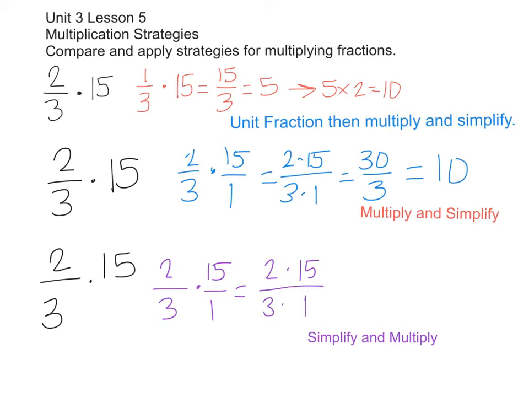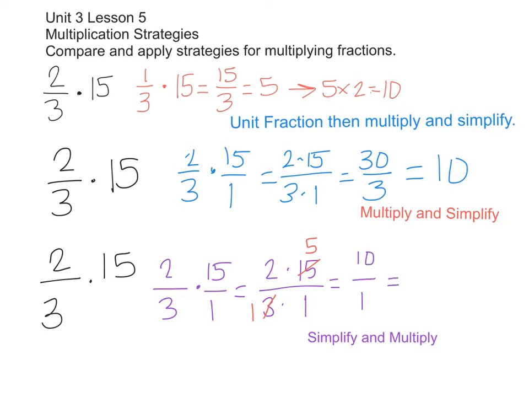Now I'm going to stop you. We can divide the numerator and denominator by 3 before we multiply, because I know that 3 right here goes into 15 5 times. 3 goes into itself once. So I know now 2 times 5 is 10. 1 times 1 is 1.